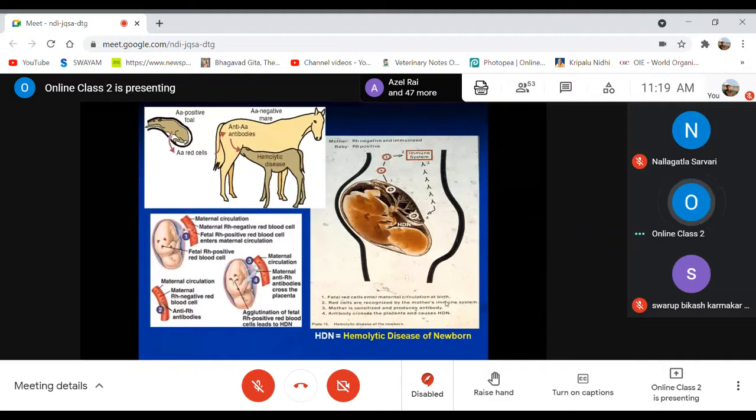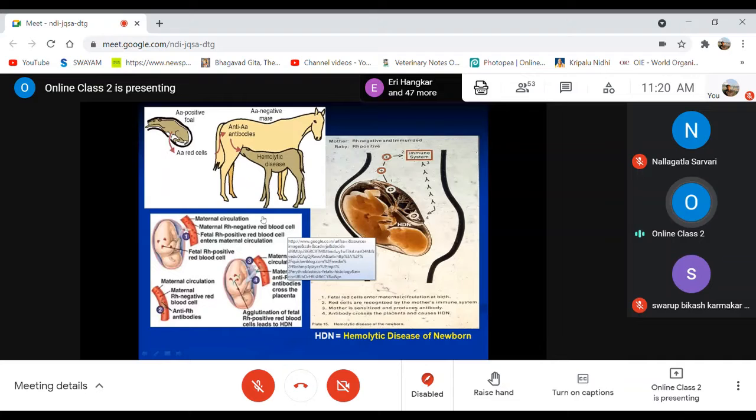Whereas in the case of humans, as I have already given the example, the father and the mother, the parents, have incompatible blood group antigens. I'm just giving the example of the Rh factor. You might have heard about the Rh factor, right? The father is Rh positive, whereas the mother is Rh negative, meaning the mother does not have this factor.